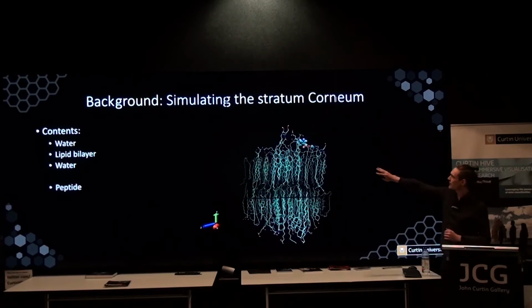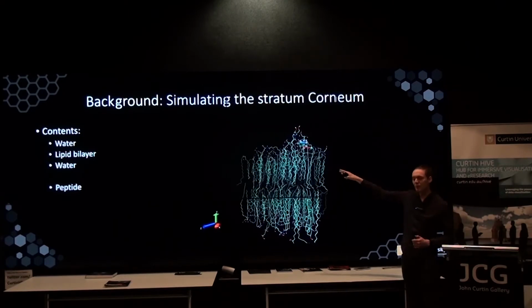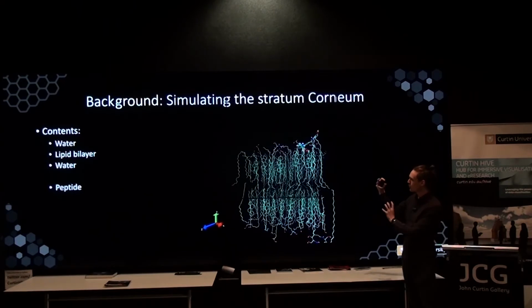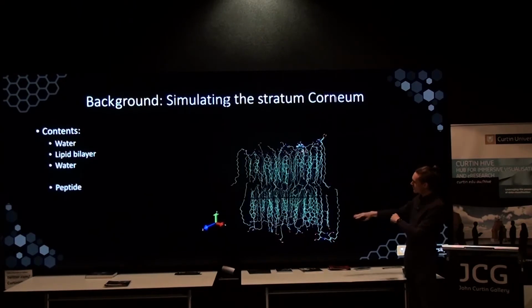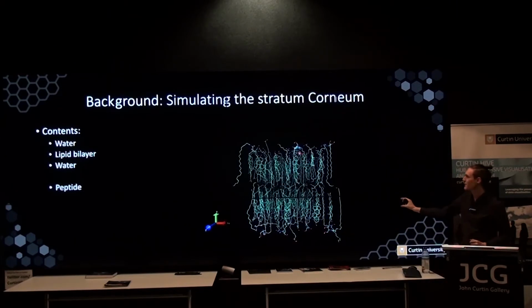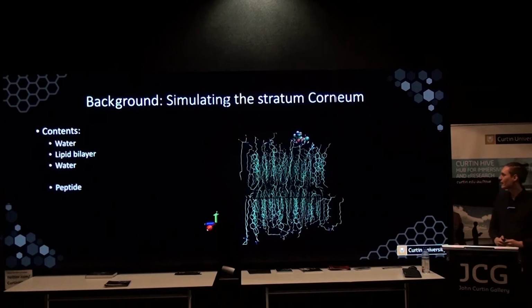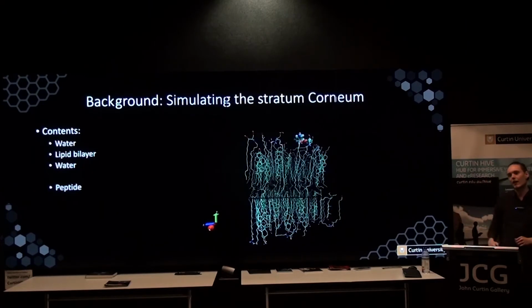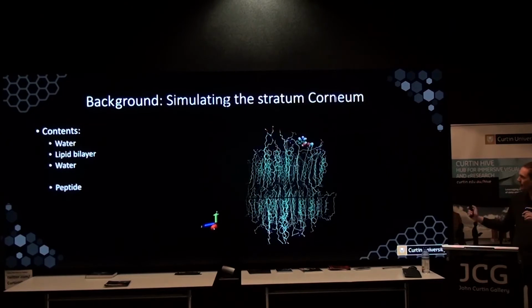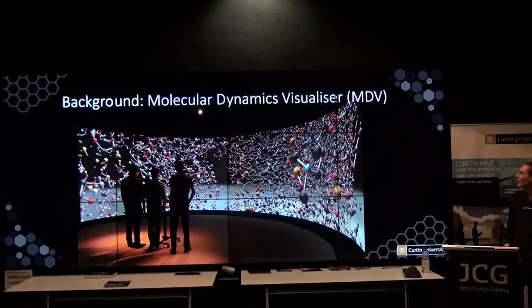Cool. So you can see the polar head groups at the top that interact nicely with water, the non-polar tail groups that sort of want to come together, and again some polar head groups. So you've got that two-layer system that is happy forming these long sort of membranous areas.